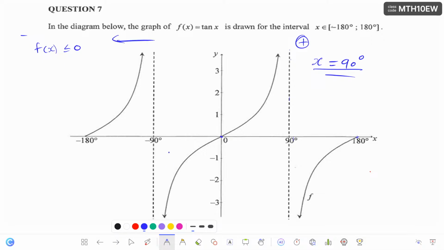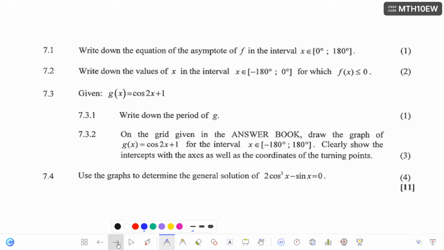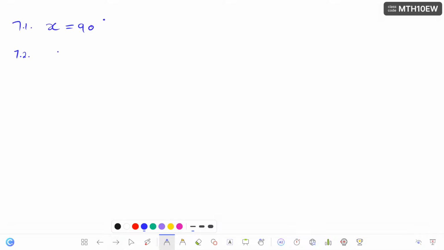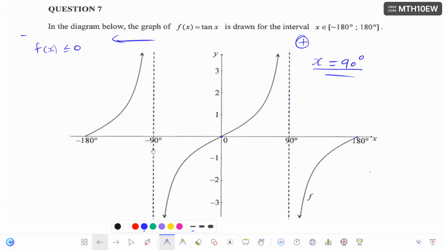If we check from negative 90 degrees to 0, our graph is decreasing. So you're going to write your values of x as negative 90 degrees is less than x, including 0 degrees. Those are the values of x where f of x is less than or equal to 0.